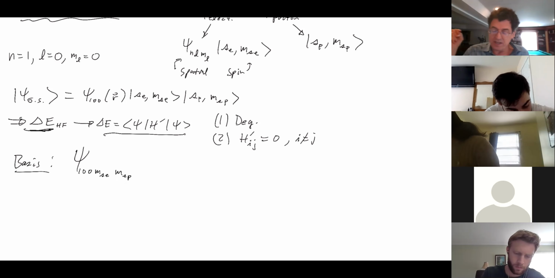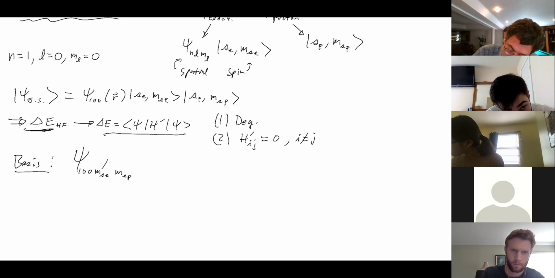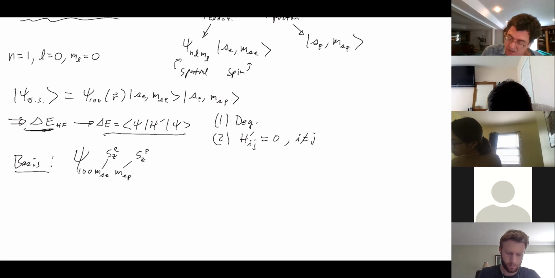Okay, that's our basis, where this quantum number comes from the operator s z for the electron, and this one comes from the operator s z for the proton.